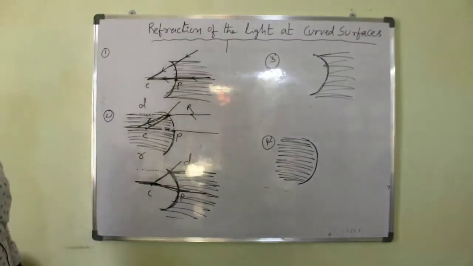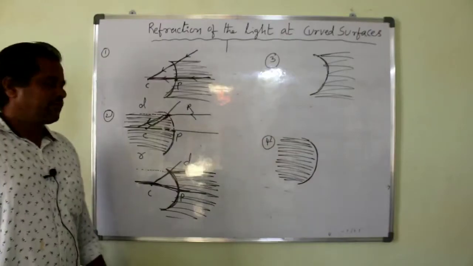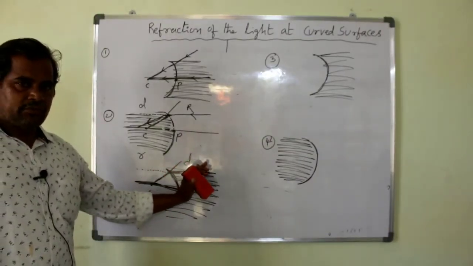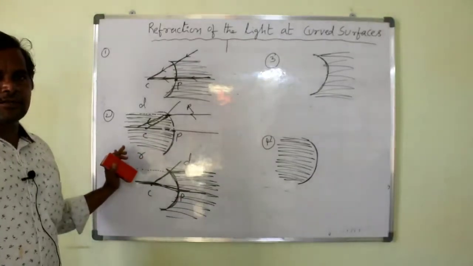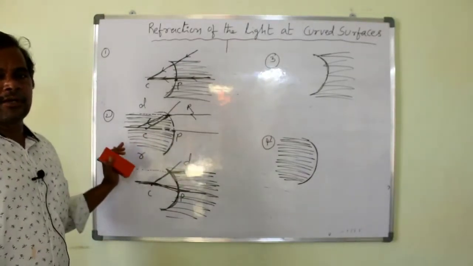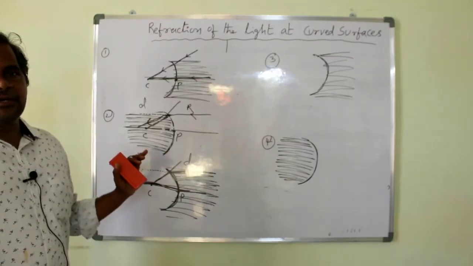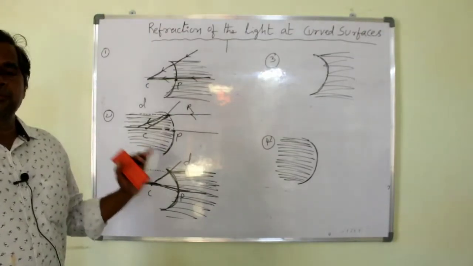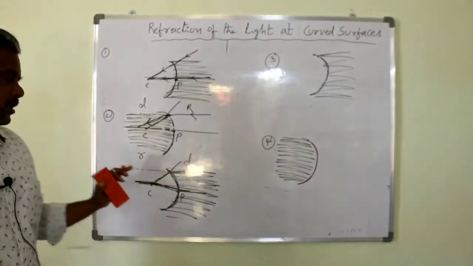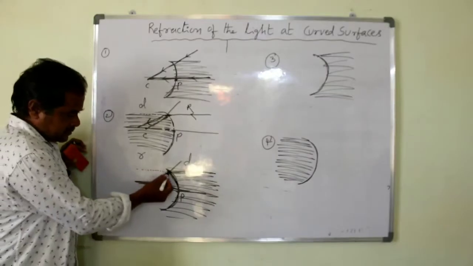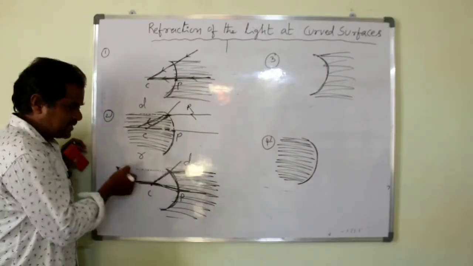So again recall the principle of refraction. Any light ray which moves from denser medium to rarer medium, the corresponding refracted ray moves away from the normal. Here, this is the normal. This is the original direction of the incident light ray.